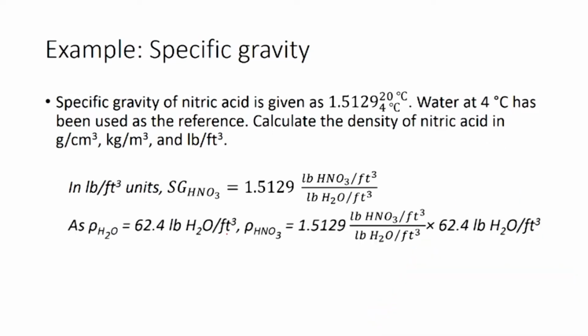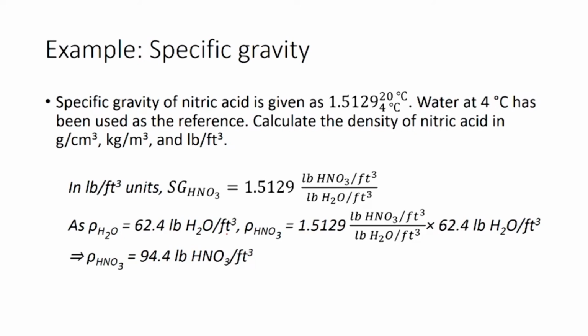Using the density of water as 62.4 pounds of water per feet cube, I can calculate the density of nitric acid as 1.5129 times 62.4, giving a final value of 94.4 pounds of nitric acid per feet cube.